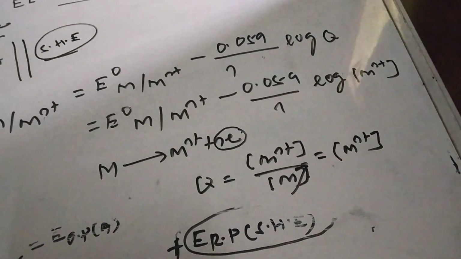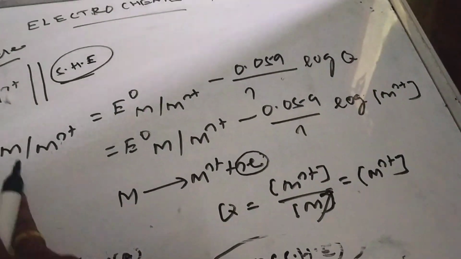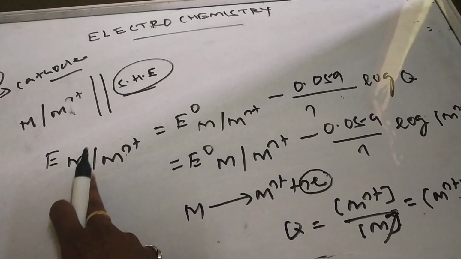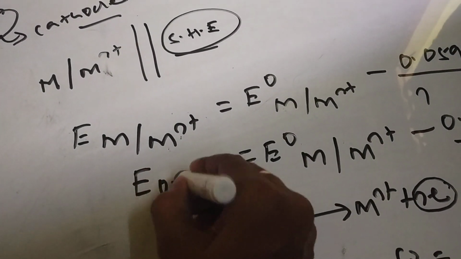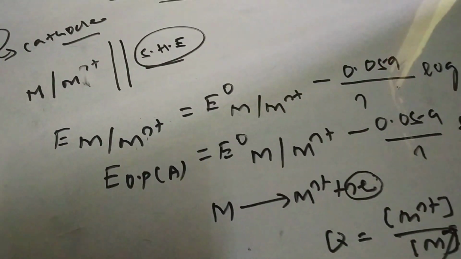This is E of M to Mn+, which is taking place at the anode, so that is nothing but the oxidation potential at the anode.